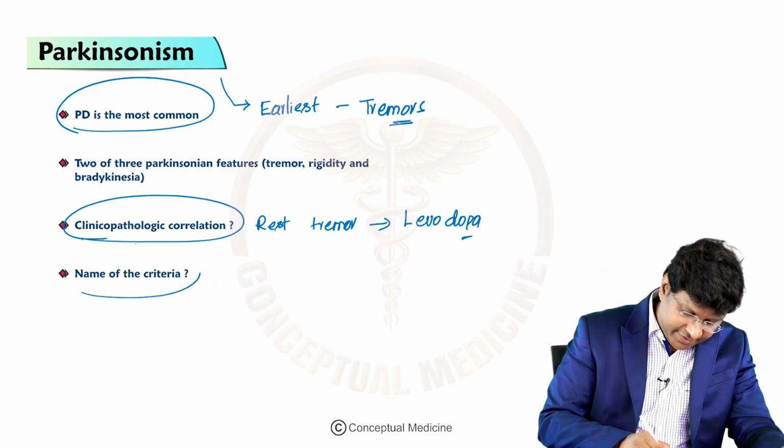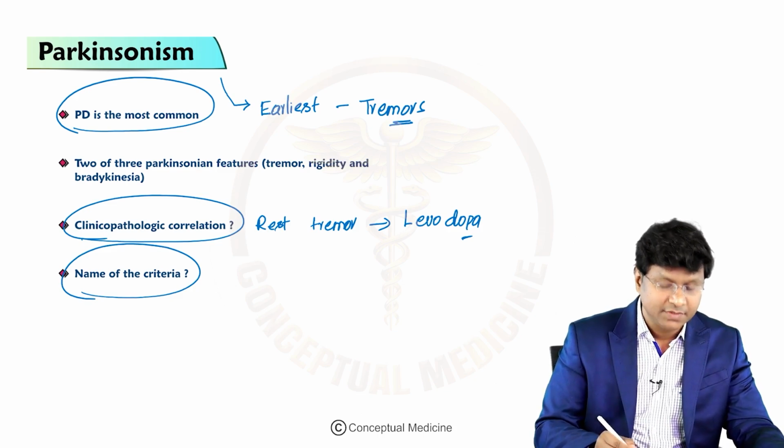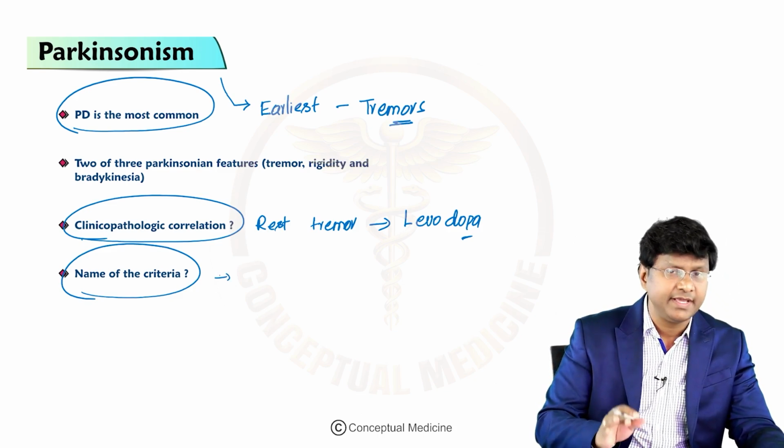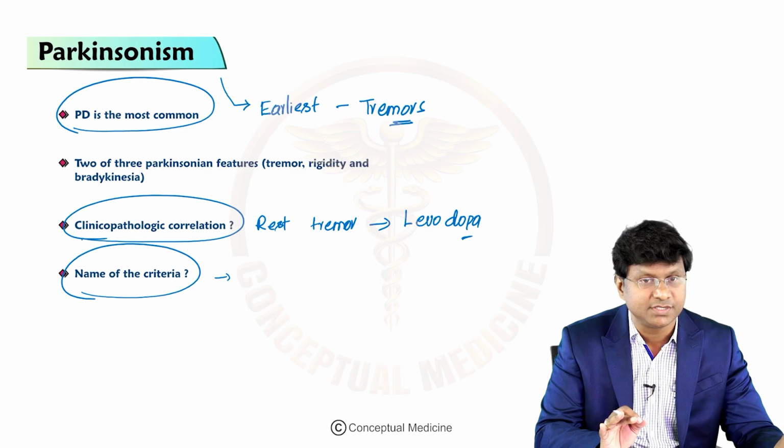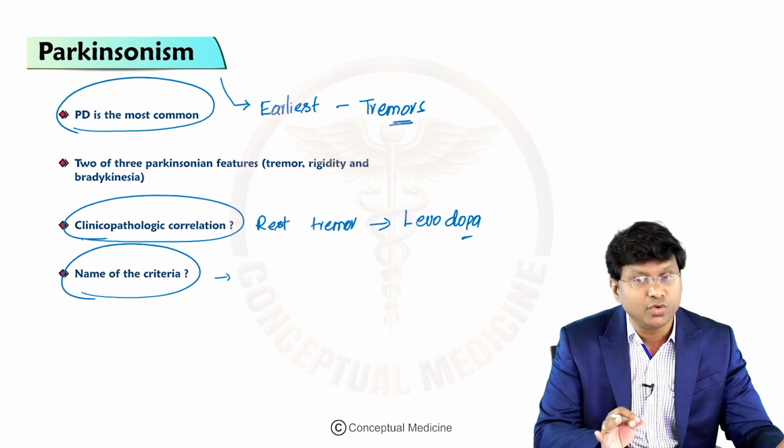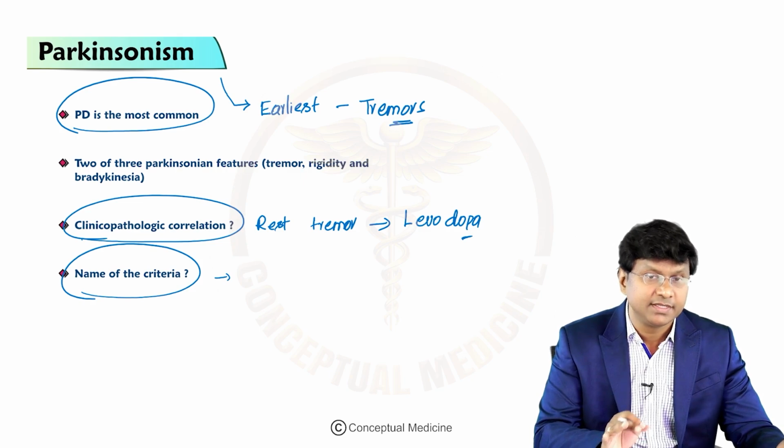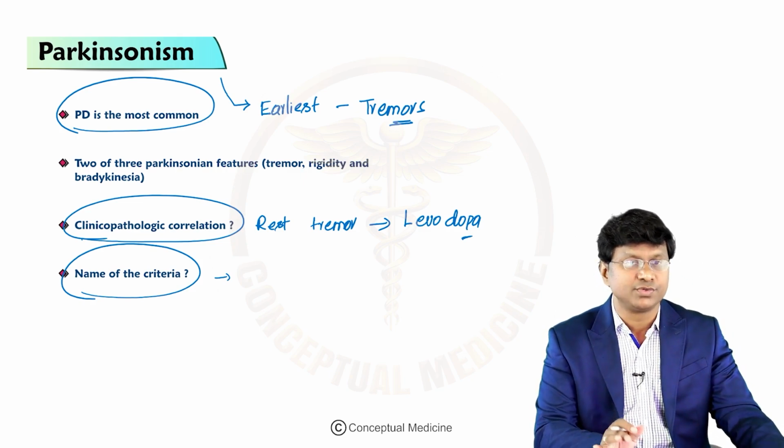But we have the revised criteria now. Previously, just the presence of asymmetrical resting tremor and a good response to levodopa was more likely to predict the pathological diagnosis of Parkinsonism.